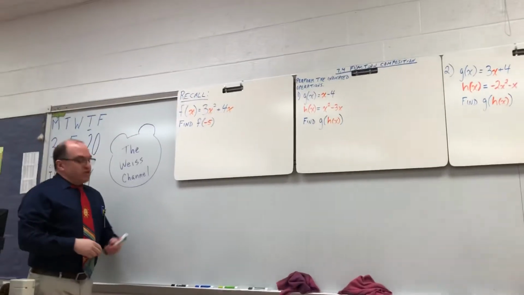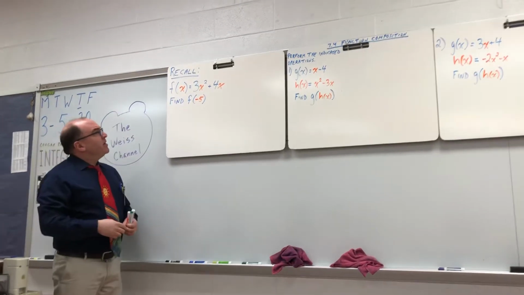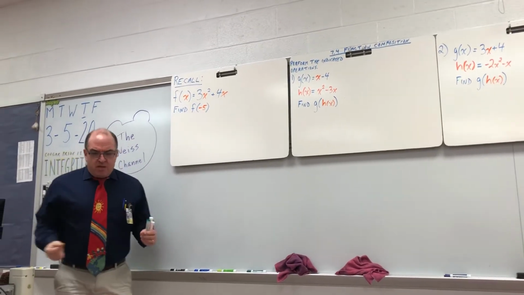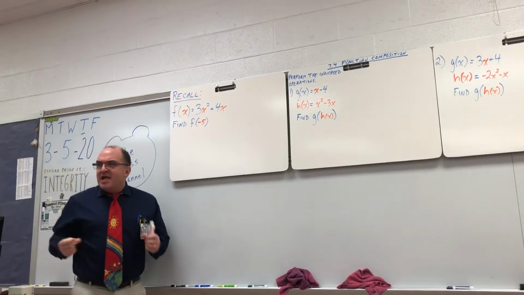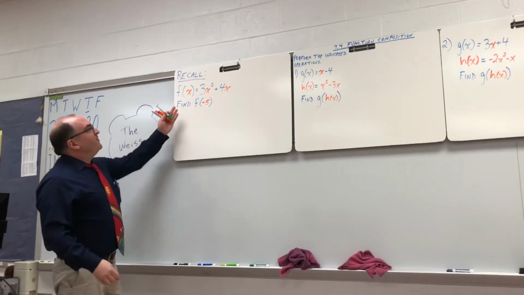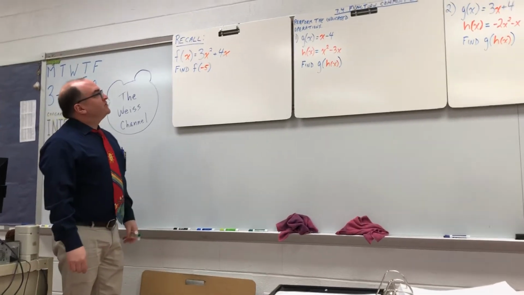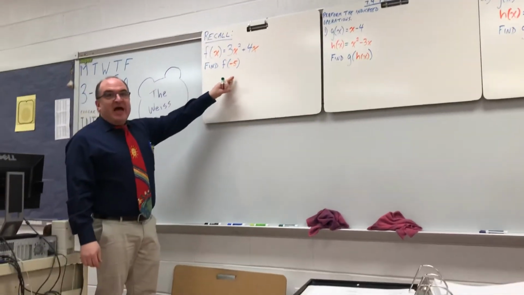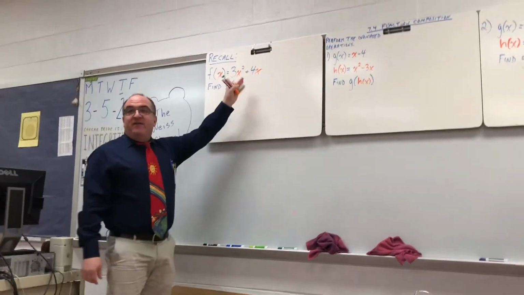All right. Do you remember f of x equals 3x squared plus 4x, and then f of negative 5 means put negative 5 in for x.